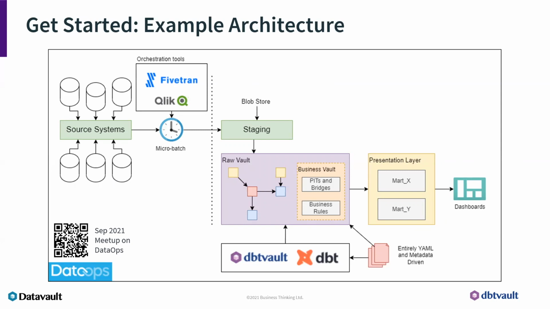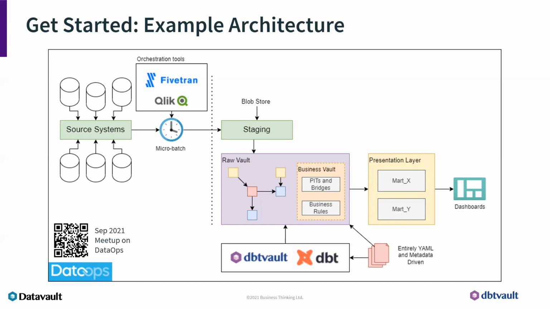A lot of you will have seen many a diagram very similar to this. You have your source systems on the left. You have some kind of orchestration process to get that data from your source systems over to your staging area. A lot of people use tools like Fivetran. There's Click Replicate, previously called Attunity Replicate, for those of you who may have come across Attunity.